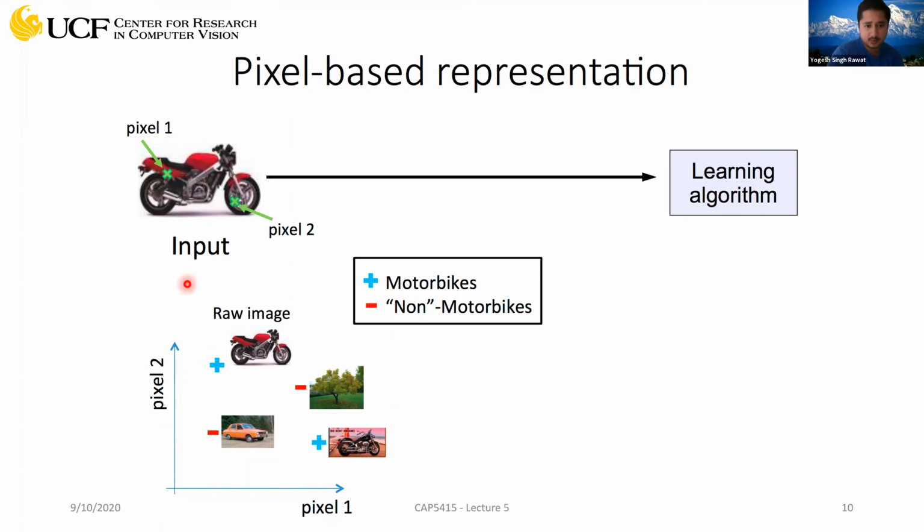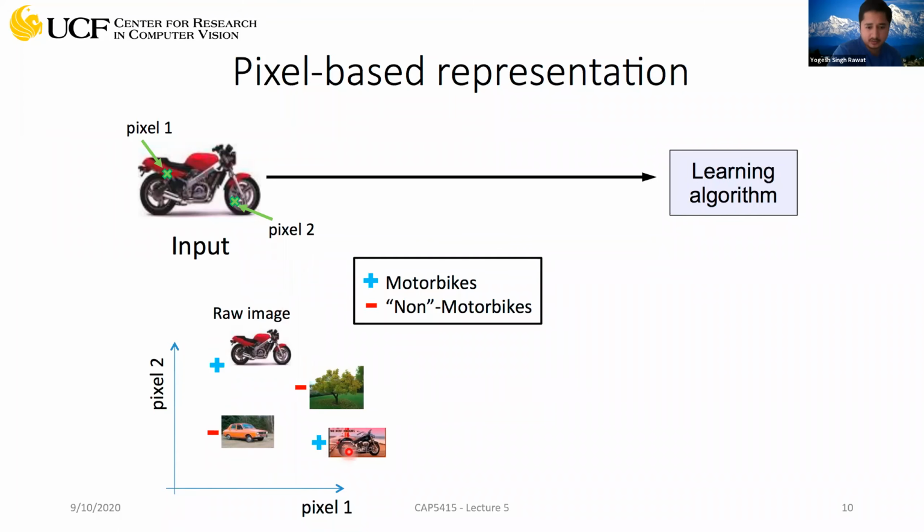And let's plot these pixel intensities in this 2-dimensional coordinate system. This is for pixel 1, and this is for pixel 2. Let's say we have the raw image of a motorbike: for pixel 1, the intensity was pretty low, and at pixel 2, the intensity was pretty high.